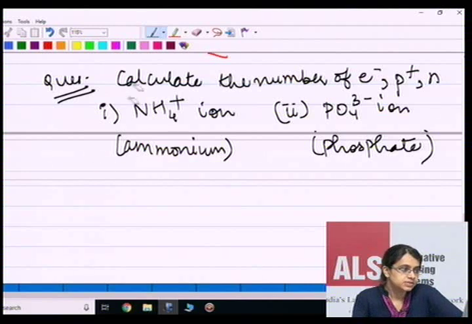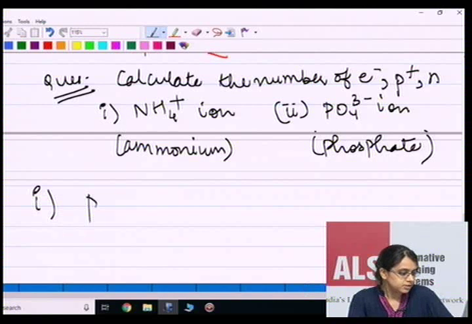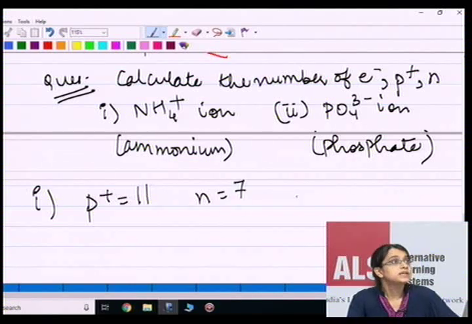So, for the first part, you have protons is equals to 11, neutrons is equals to 7, and electrons is equals to 10.